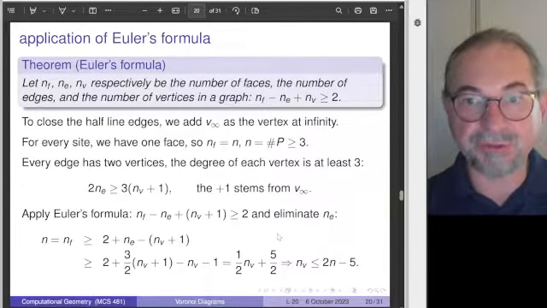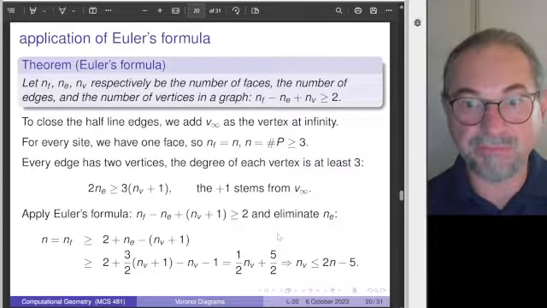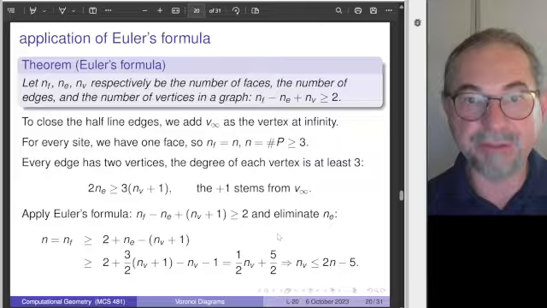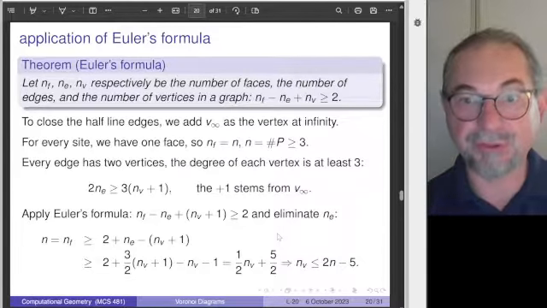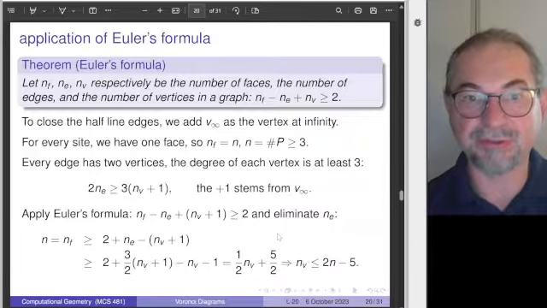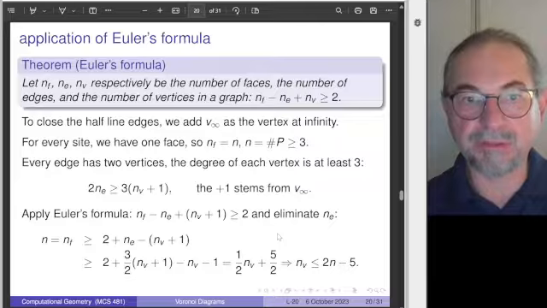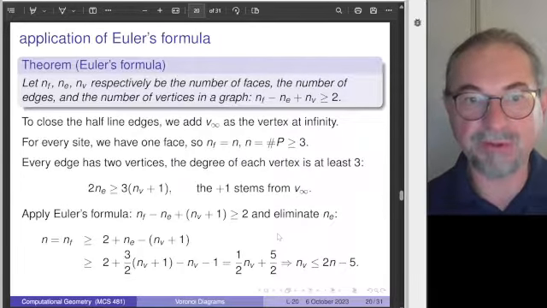So the first result, the number of vertices, follows from Euler's formula and the observation that every edge has two vertices and the degree of each vertex is at least 3. So this gives the bound on twice the number of edges.